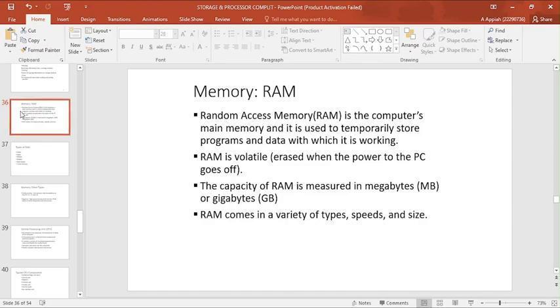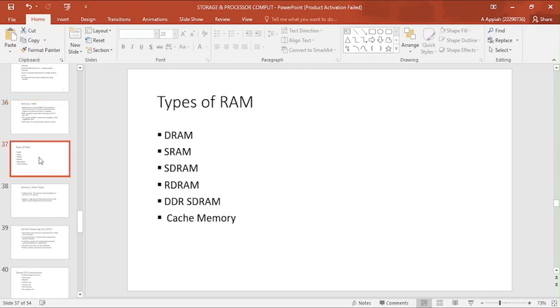RAMs can come in various types, speeds, or even sizes. We have different types of RAM. We have the DRAM, or the dynamic RAM, which stores data in capacitors, and this type of memory must always be refreshed constantly to avoid the loss of data.